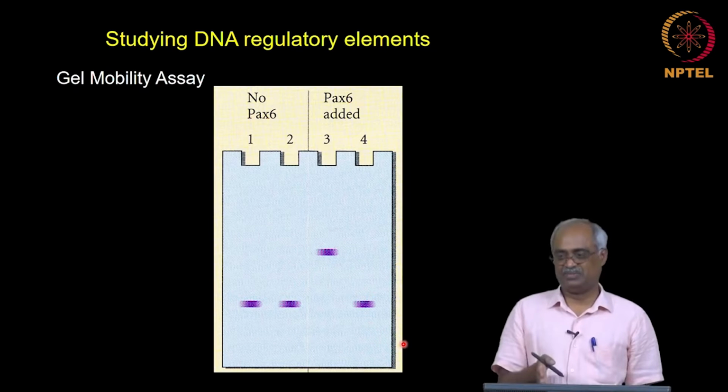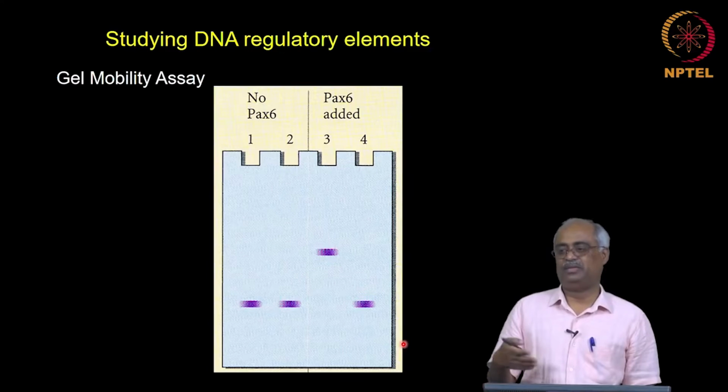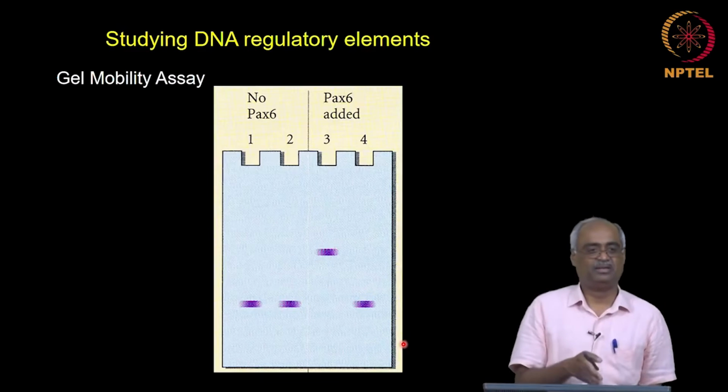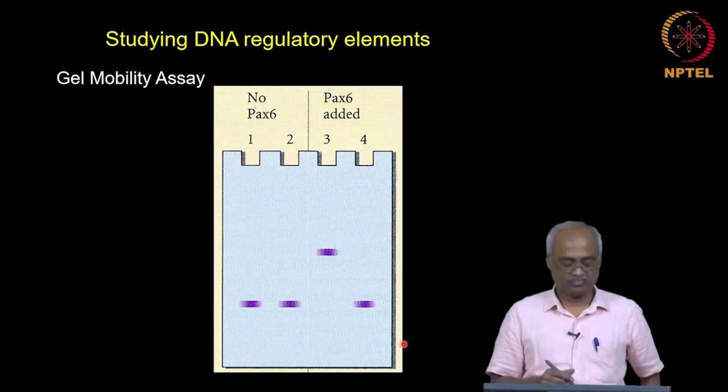If it is sequence specific binding, the same sequence unlabeled will compete out the radio label, but a different sequence will not compete. So even in its excess, this protein will still bind to that particular sequence.